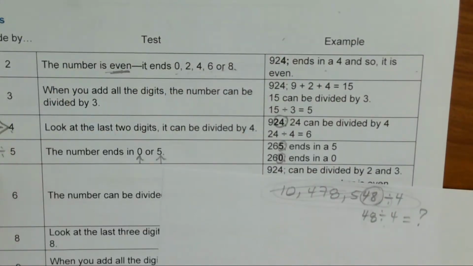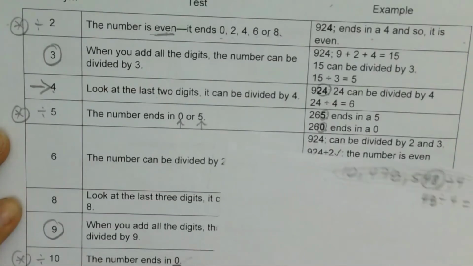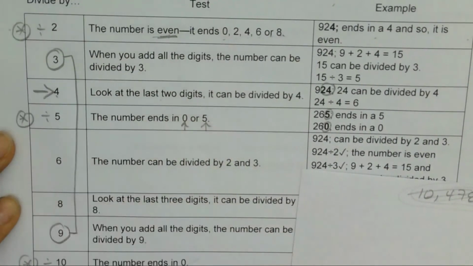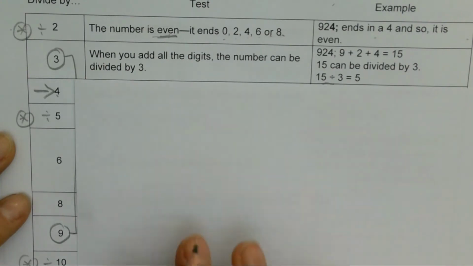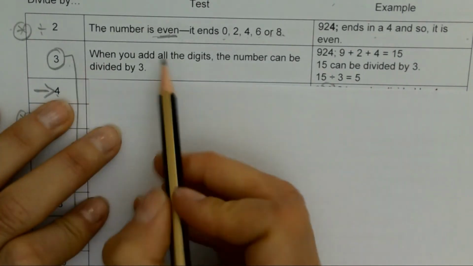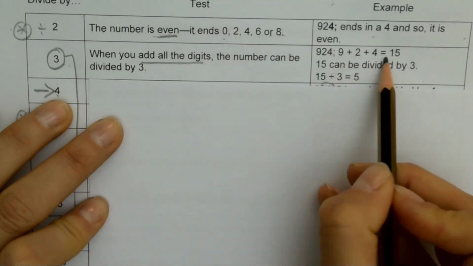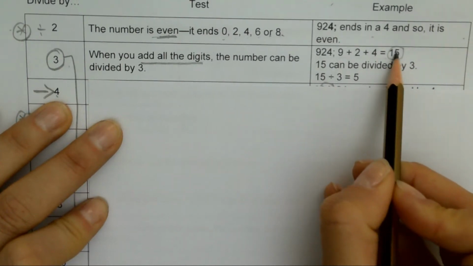Now I want you to circle 3 and circle 9 and connect them with a line, because these are almost exactly the same rule. So if you want to know if something is divisible by 3, you just have to add up all the digits, and you take whatever it equals and you check to see if this is divisible by 3.